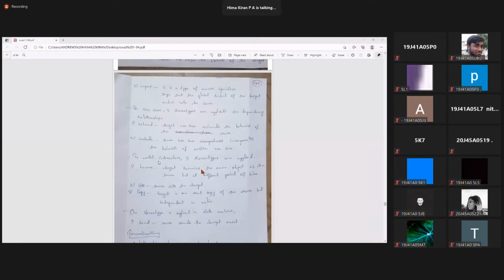The symbol which we use for interaction looks like this: a solid line with a shaded triangle.